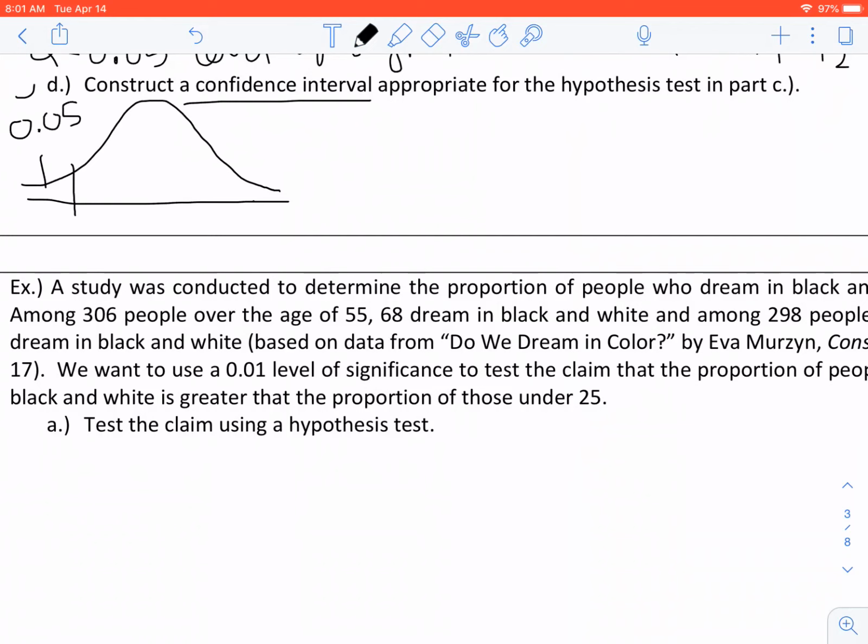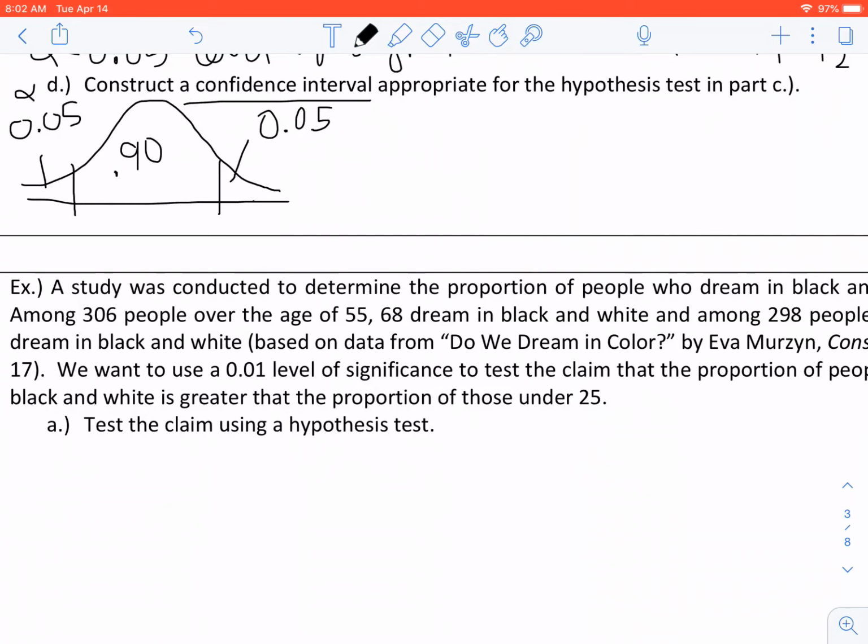This is our alpha. It's a left-tailed test. But when you do confidence intervals, you always need to have it set up with the middle that you're being confident about. So I need to make another tail over here. And since this is symmetric, this tail is also going to be 0.05. So that means that the middle in here is going to be 0.90.